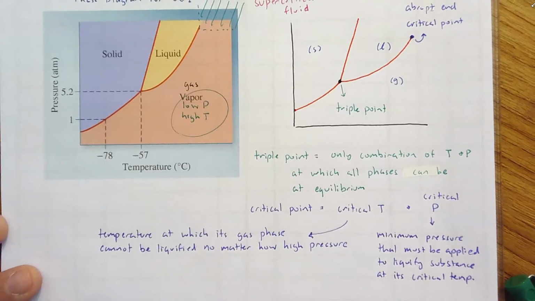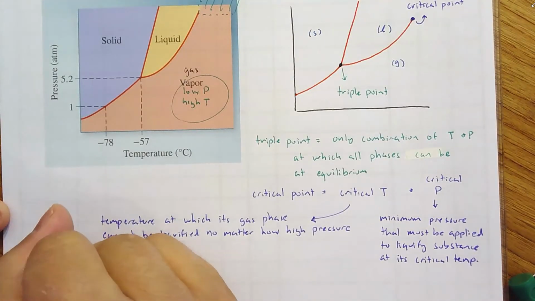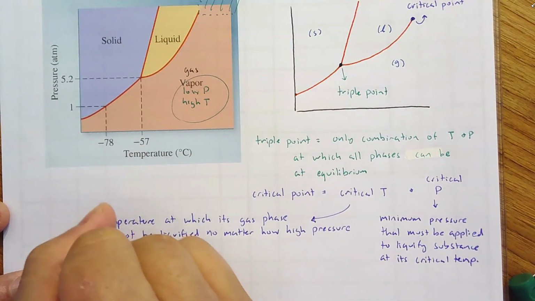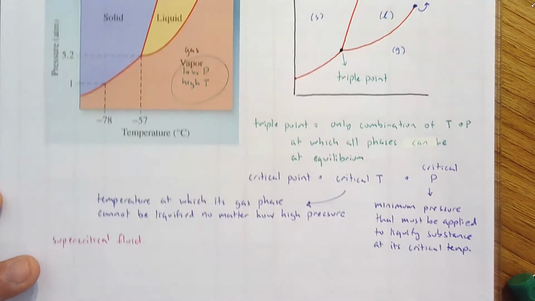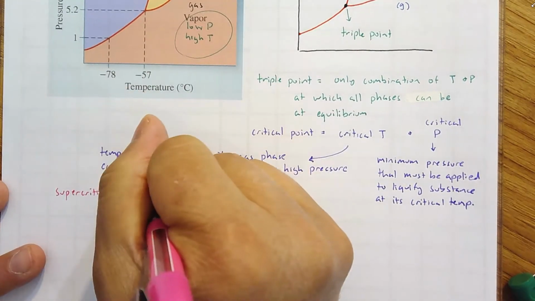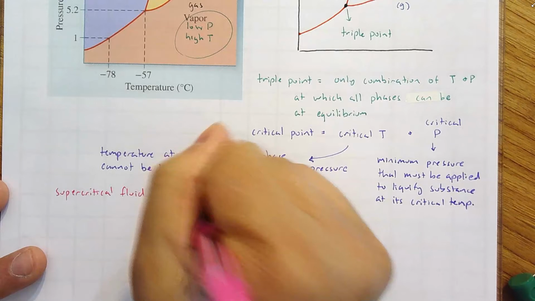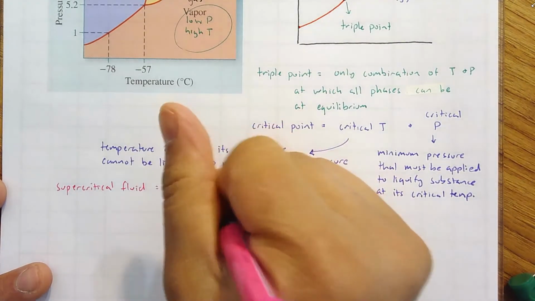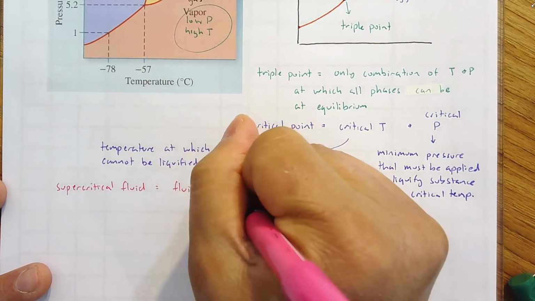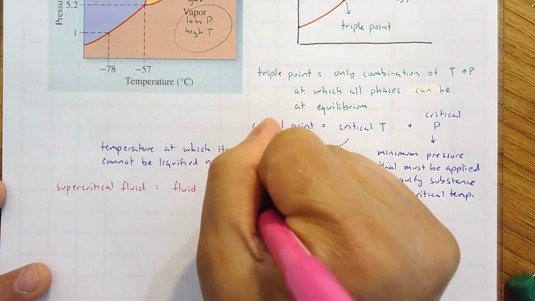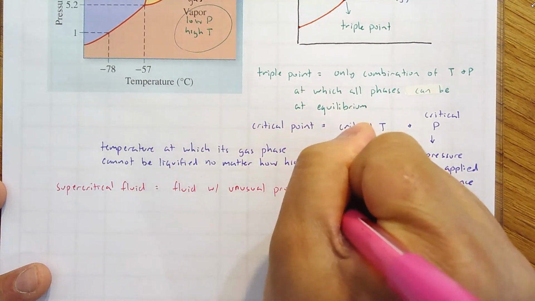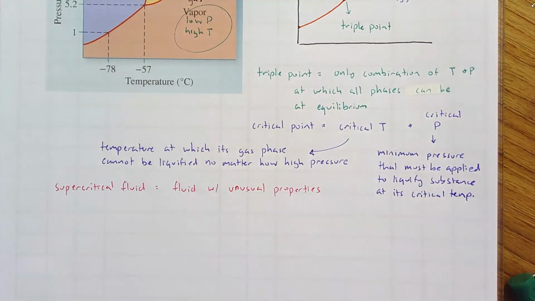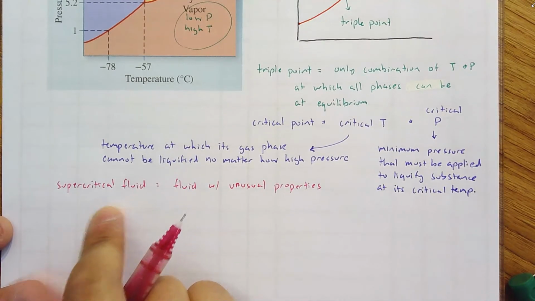Let me give you a little information about that. Supercritical. It's still a fluid, but it has very unusual properties. I'm not going to get into it, but it has uses.